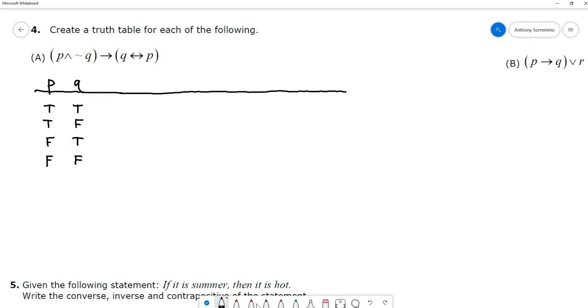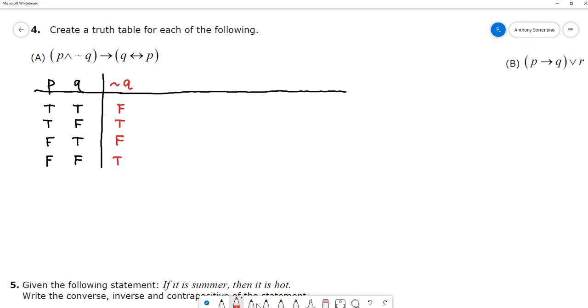So I start with those. Now it looks as though another one I have to consider is not Q. I don't really have to worry about not P or anything like that. I just have to have not Q in there. So not Q. Is this going to be anything that's the opposite of Q? So this is false, this is true, this is false, this is true.